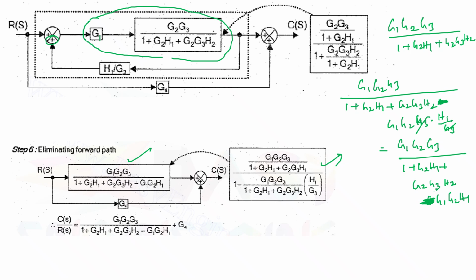Now I can see these two blocks are found to be in parallel. So I can add these two and end up with an equivalent transfer function: G1 G2 G3 divided by 1 plus G2 H1 plus G2 G3 H2 minus G1 G2 H1 plus the parallel block G4. Thank you.